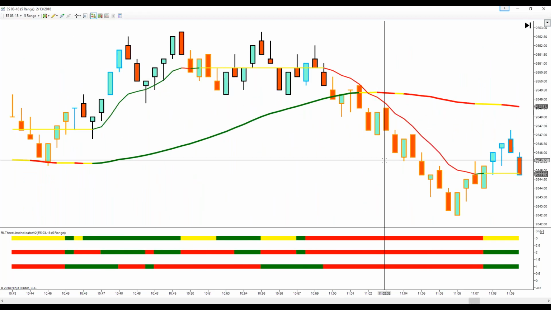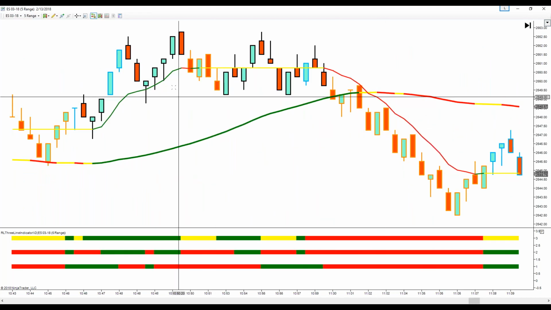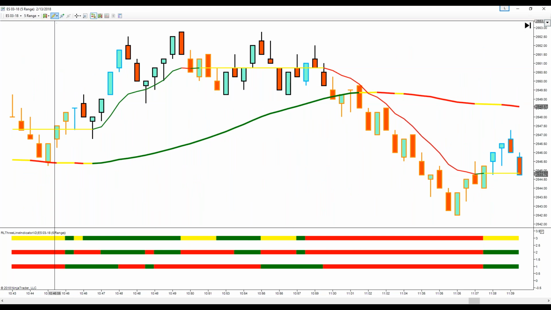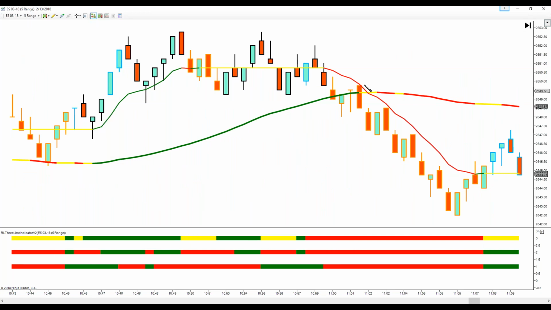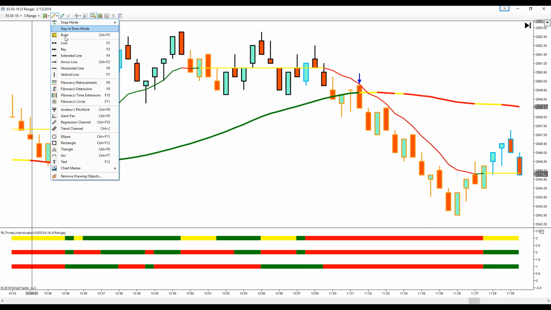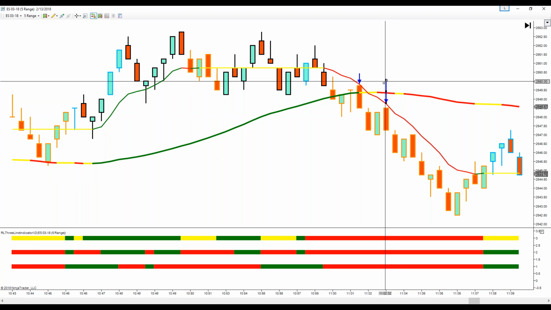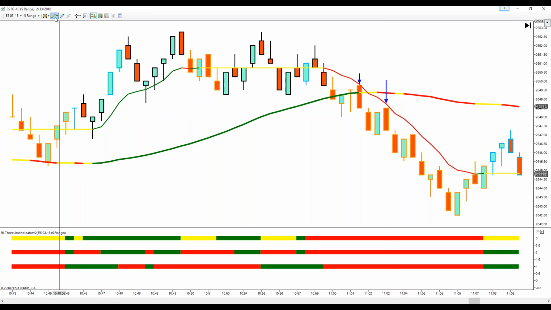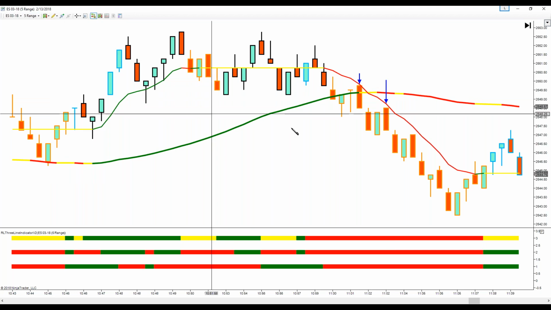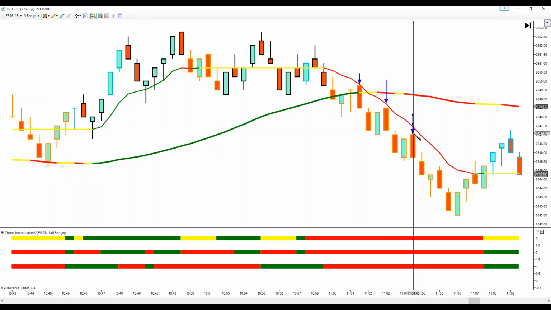But you can see right here, now I took all these trades in the room this morning. I went short here. I went short here. And I went short here. 3 winners in a row.